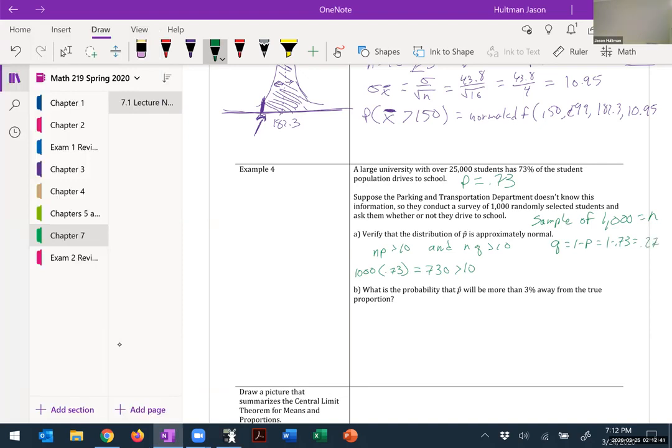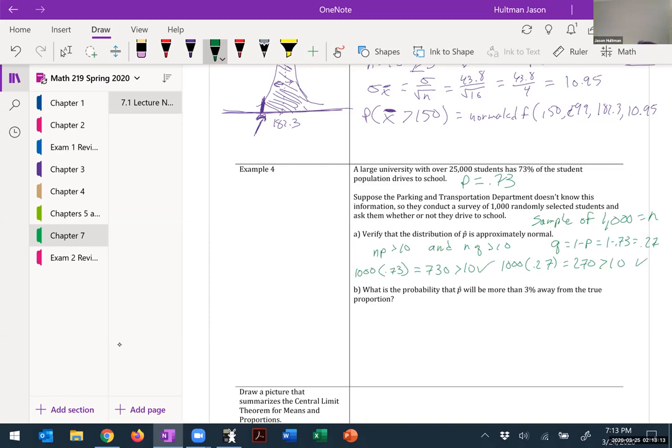So is N times Q, or 1,000 times 0.27, bigger than 10? Well, that's 270, which is certainly bigger than 10. So both of these check.